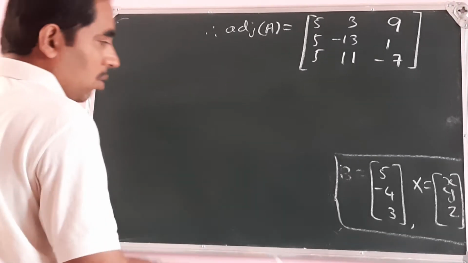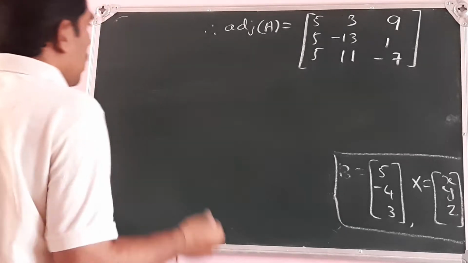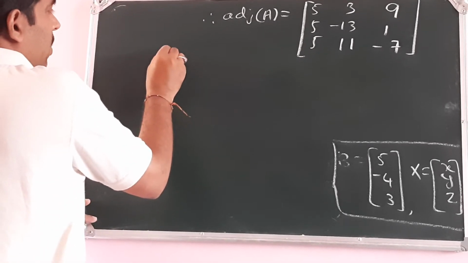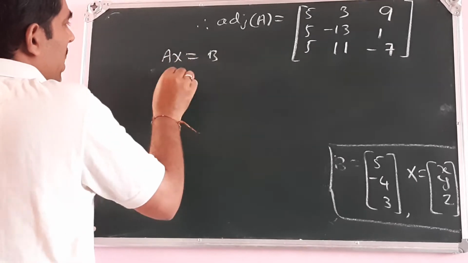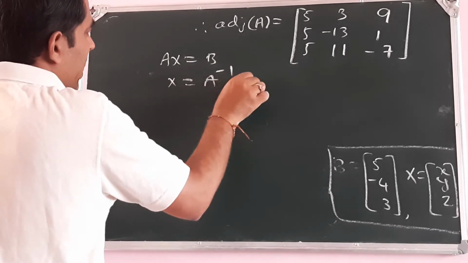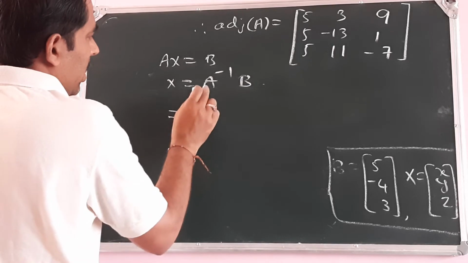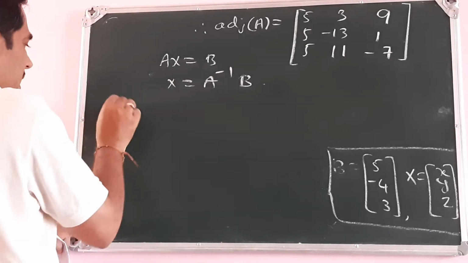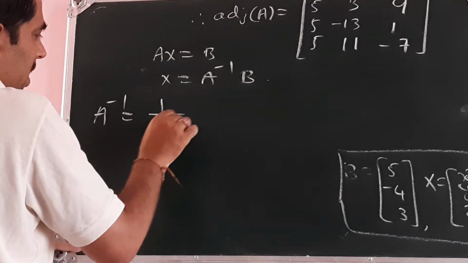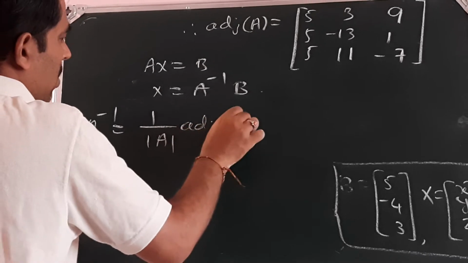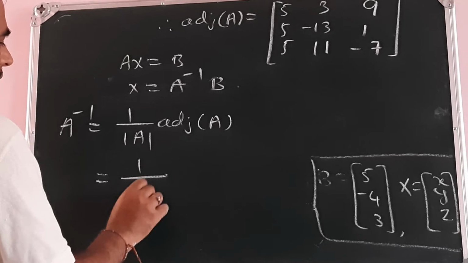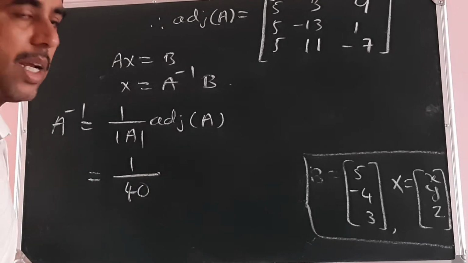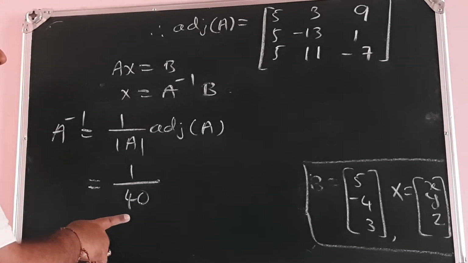So next, what we have to do? After writing the adjoint, we have here x. What is the equation here? Ax is equal to b. So x is equal to what? A inverse b. A inverse means 1 by determinant of A into adjoint A. The value of the determinant was 40.